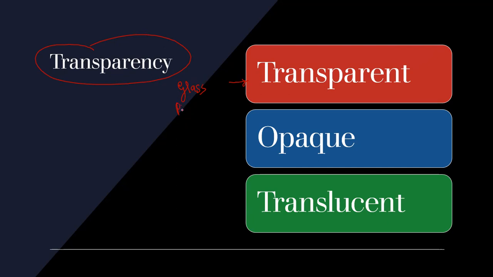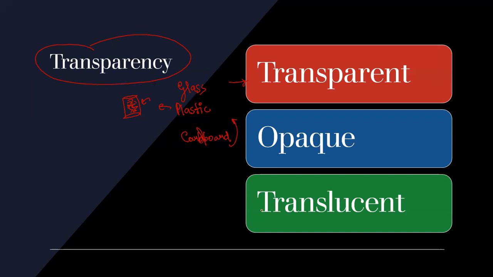As well as some plastic through which we can see what is inside. Let's say a plastic bottle, I'm able to see what is inside this bottle, right? So this is transparent. On the other hand, there are some materials through which we are not able to see. For example, if I take a cardboard, would I be able to see what is beyond this cardboard? I cannot see through it, right? So such objects are called opaque objects.